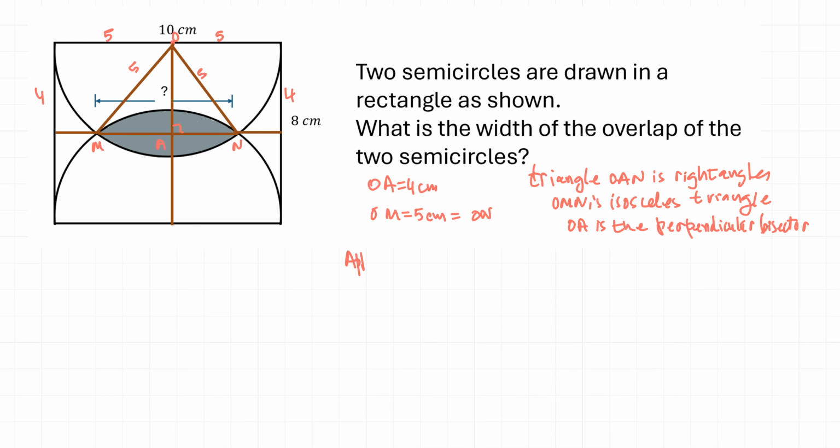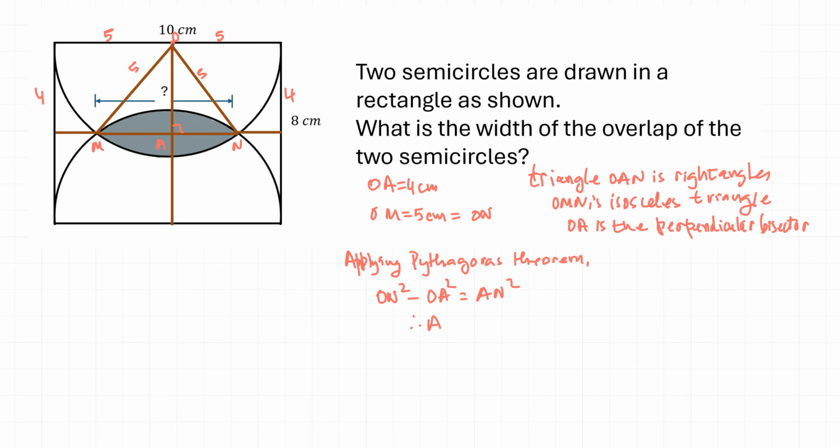So applying it, we can say that 5 squared, ON squared, minus OA squared equals AN squared.